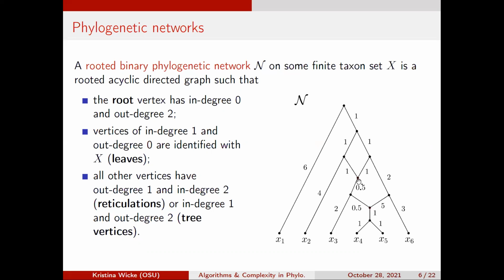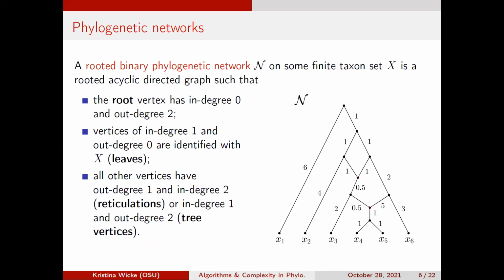These are the reticulations. Or they have in degree 1 and out degree 2, like this one, and we call them tree vertices. Those kinds of networks are what I'm going to talk about. Additionally, we assume that we have edge weights on all the edges of this network, again representing, for instance, genetic distance between species.